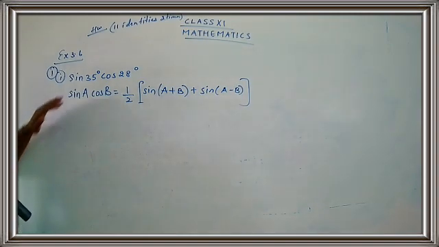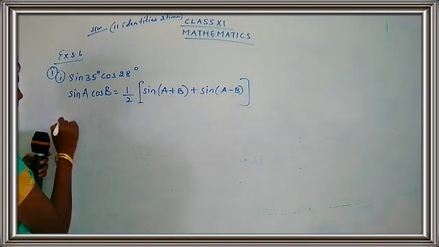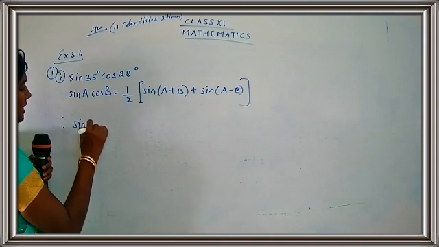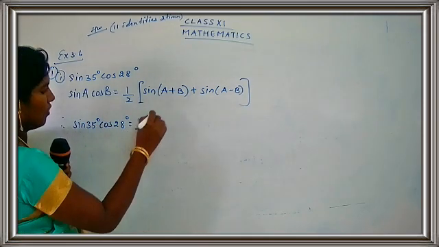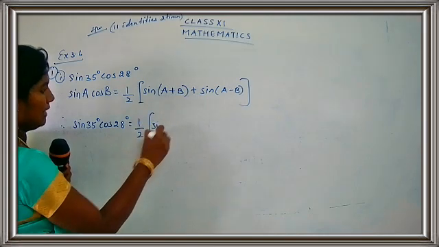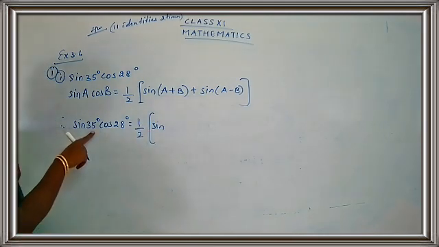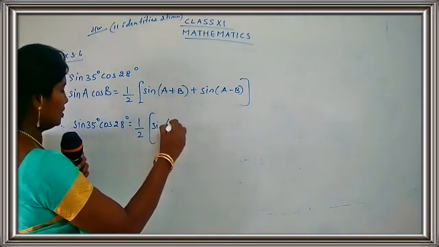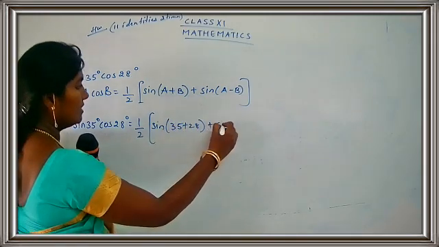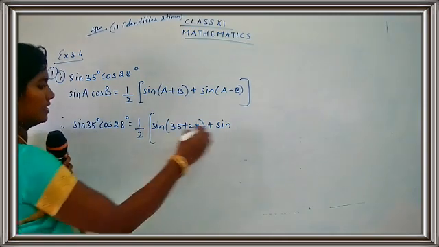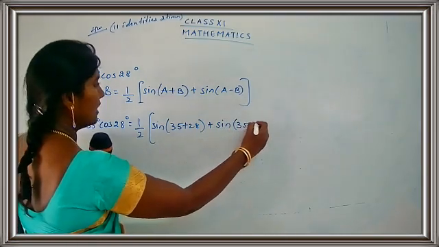Now here in the question, A is 35 degree and B is 28 degree. So we are just going to write down this formula. Therefore sine 35 degree cos 28 degree is equal to half of sine of A plus B. What is A, children? A is 35, B is 28. So put here 35 plus 28, plus again sine of A minus B, so 35 minus 28.